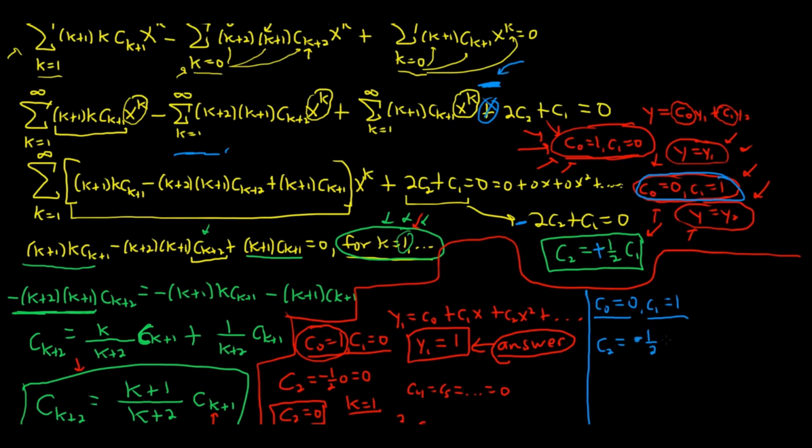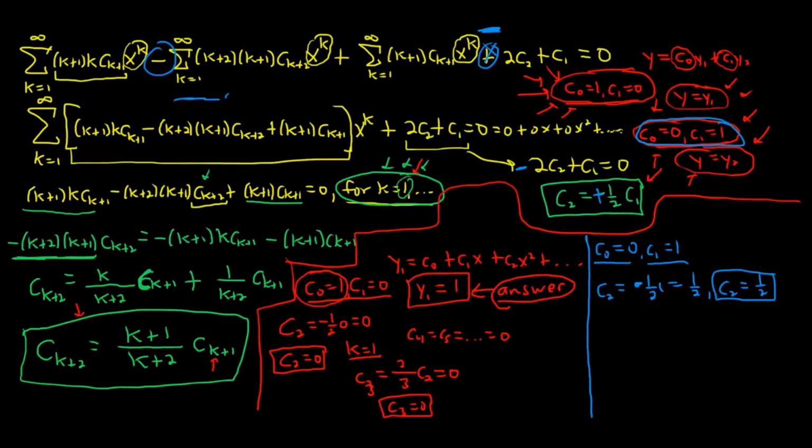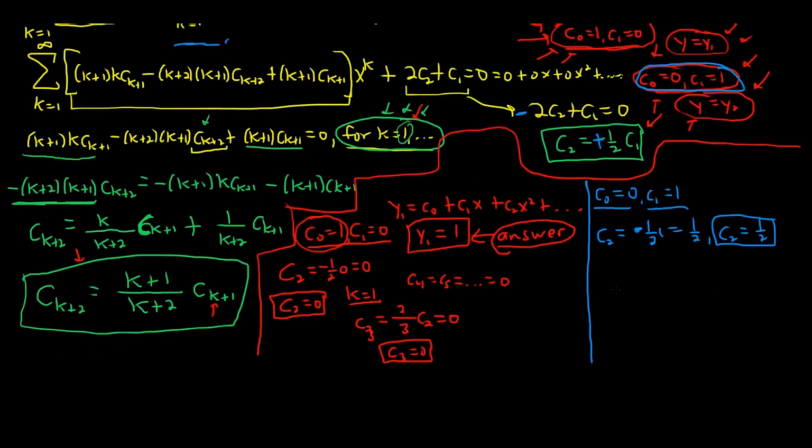So this will be a 1/2 times 1. So it's 1/2. So C2 is 1/2. Okay. So it's because of this negative here, right here, that that became negative. Notice how it didn't affect our first answer, though. The first answer is actually still correct.